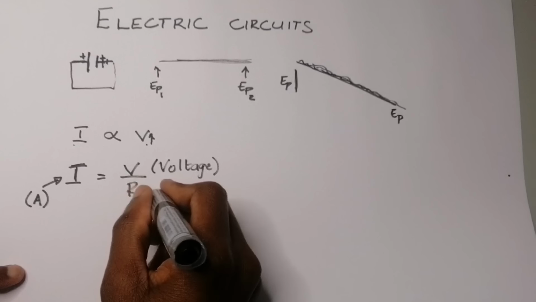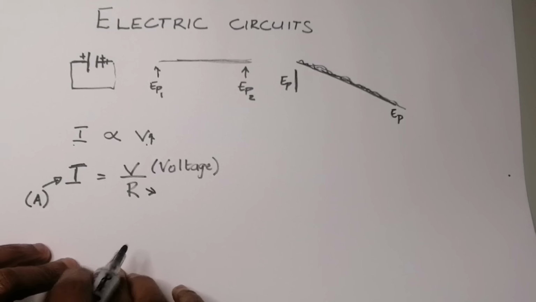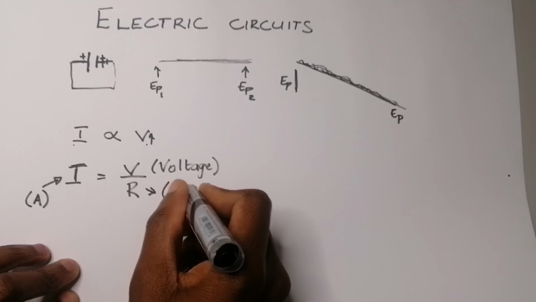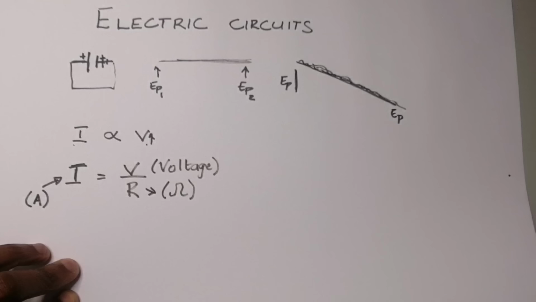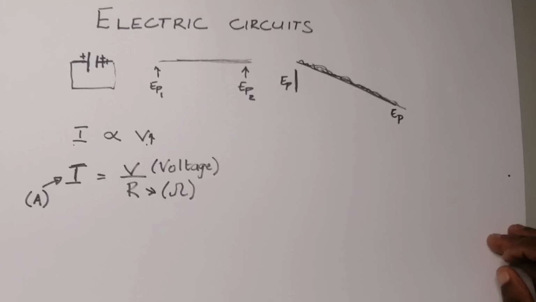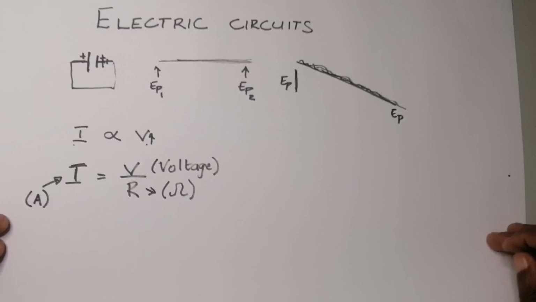And then we've got resistance. We're going to talk about resistors in just a few minutes. Resistance is measured in ohms. I want you to please remember, this is the application of Ohm's law.